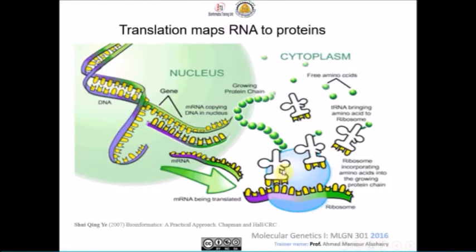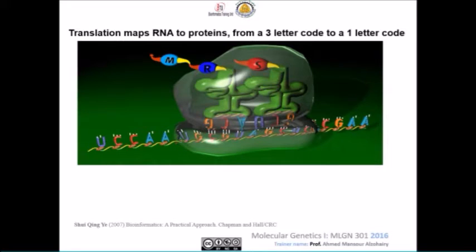The ribosome will collect all the transfer RNA which have the amino acids represented in a code inside the mRNA, and then they build the protein as we know in a normal cell. So the translation maps RNA to a protein, from a 3-letter code to a 1-letter code.